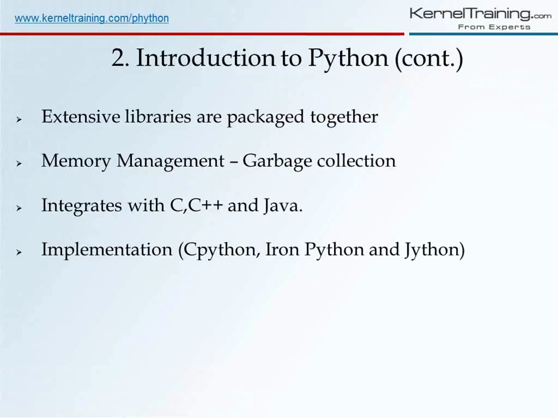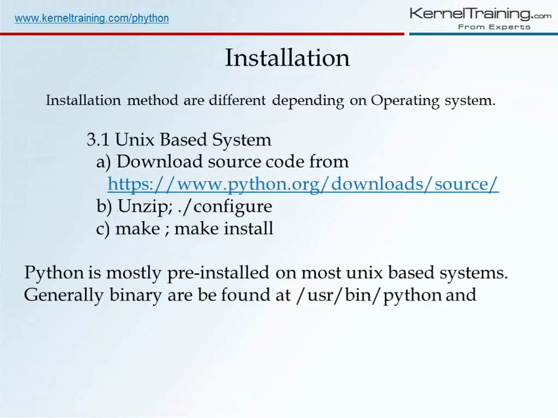Then there is very good support for integrating this language with other languages like C, C++, Java, and also .NET. There are majorly 3 implementations currently working. CPython is the normal, vastly used Python. It is the fastest one. Then we have IronPython.